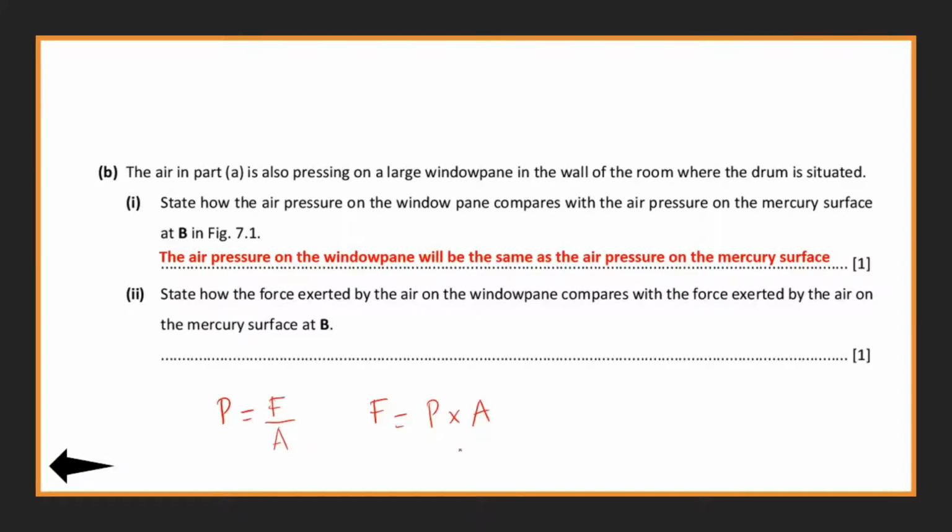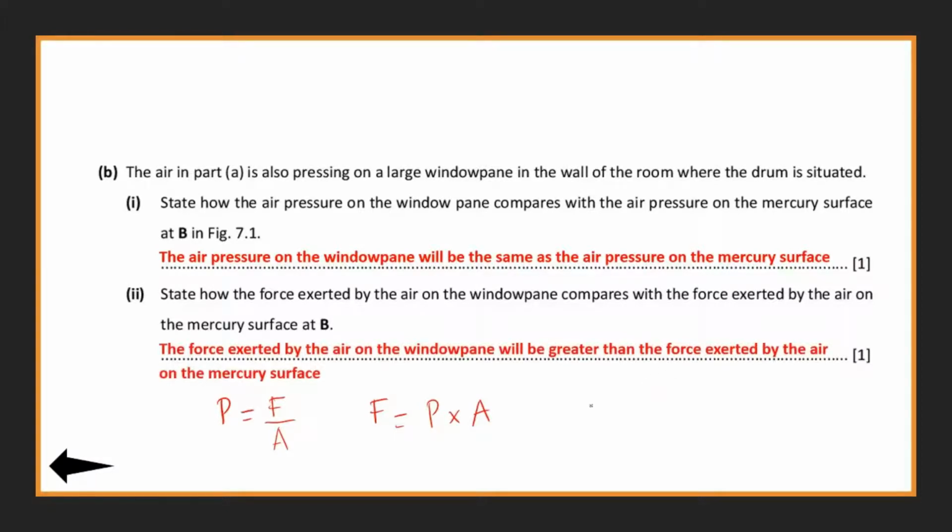Since the mercury surface at B has less surface area compared to the window pane, we know that the force exerted by the air on the window pane will be greater than the force exerted by the air on the mercury surface. Because they both experience the same amount of pressure, but the window pane has greater surface area compared to the mercury surface at B.